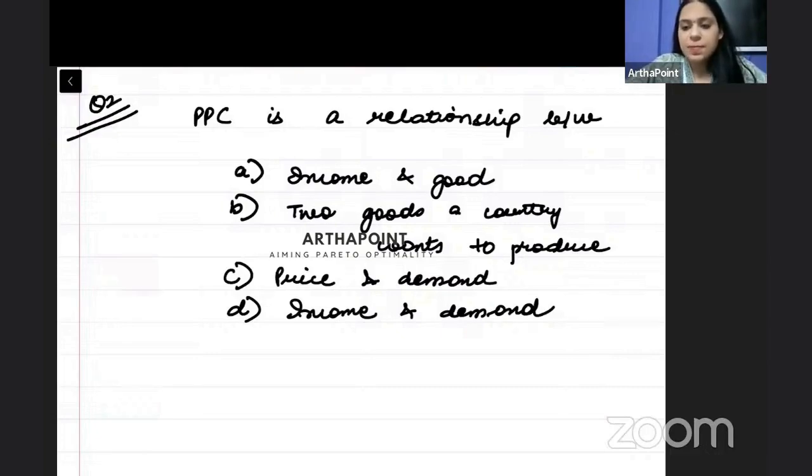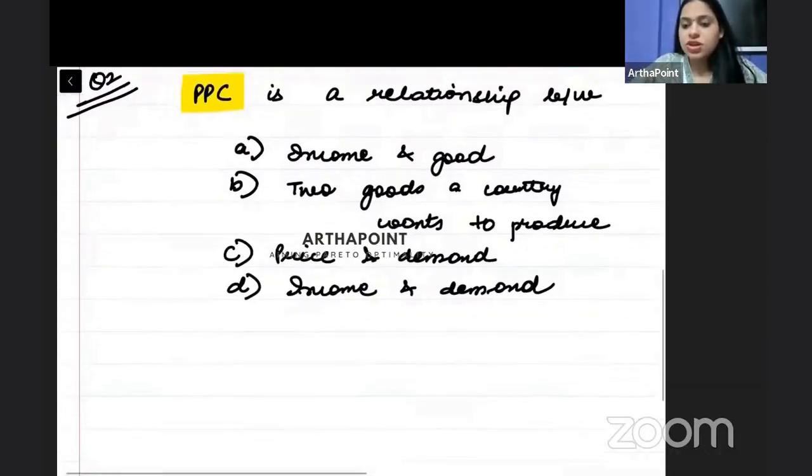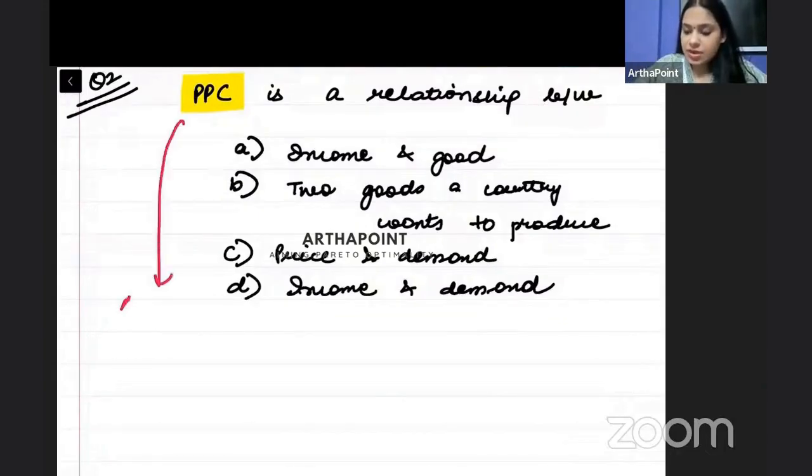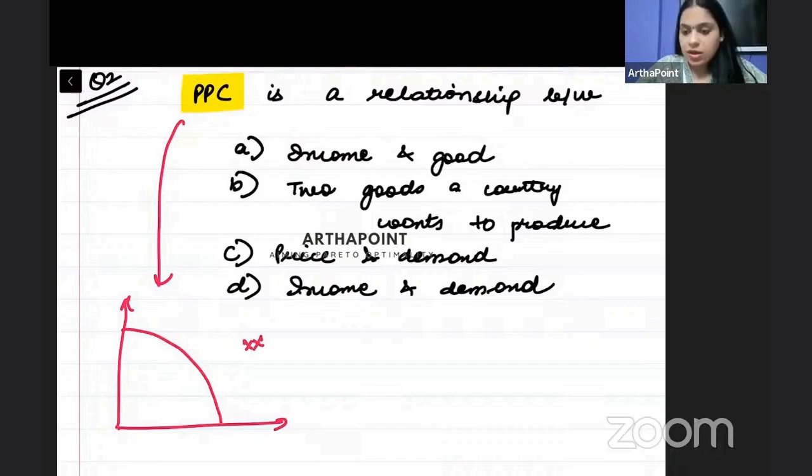अच्छा, इसमें try to answer question number 2 in the meanwhile. Let me tell you that whenever we talk about production possibility curve, ये बात याद रखनी है कि PPC usually हम लोग हमेशा assume करते हैं that it is concave, but ये गलत है. PPC curve can be a straight line also.